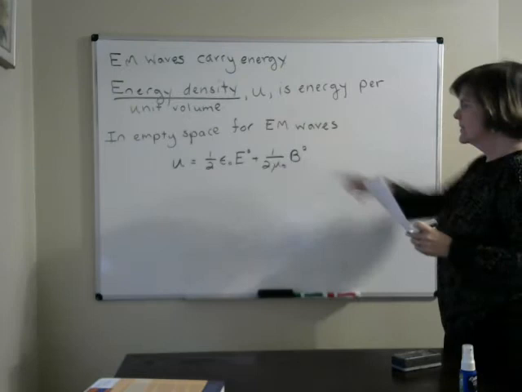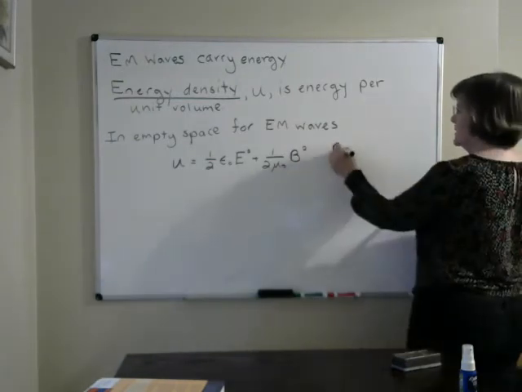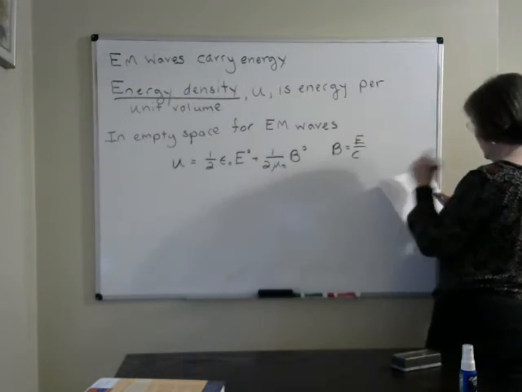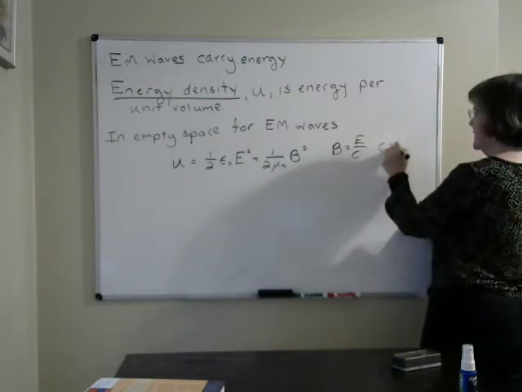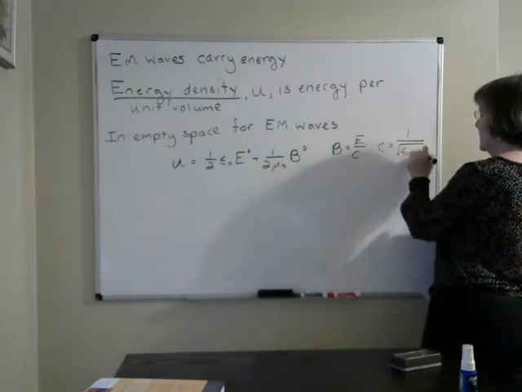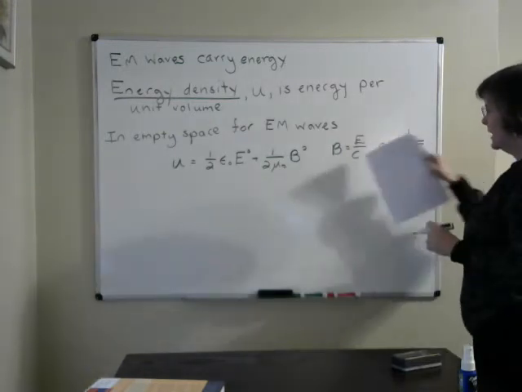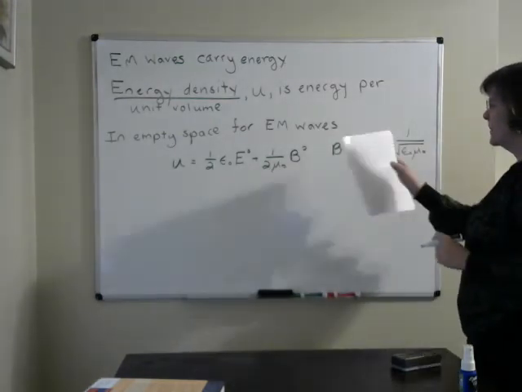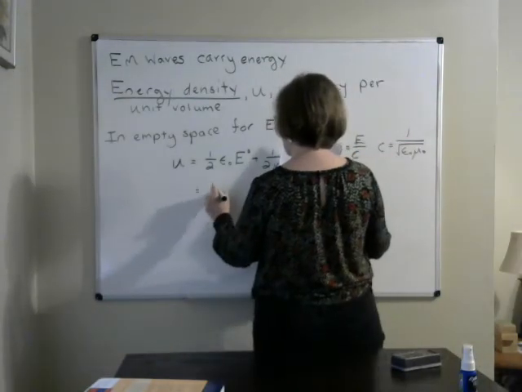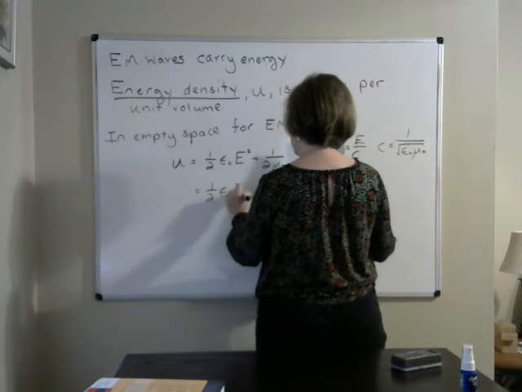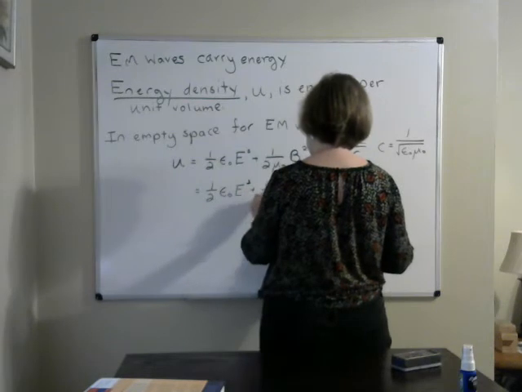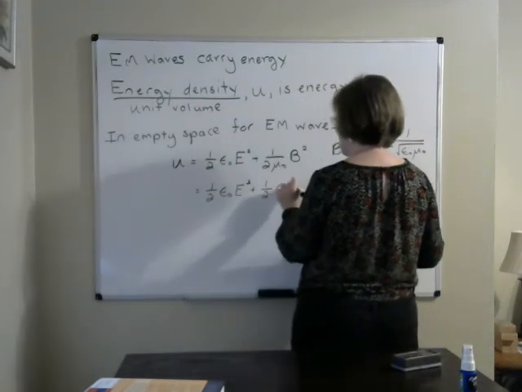If we do some substituting, we know that B is equal to E over C. We also know that C is equal to 1 over the square root of epsilon naught mu naught. I'm not going to show you all of that, but if you take advantage of these two pieces of information, you can replace B, and this will actually come out to be 1/2 epsilon naught E squared plus 1/2 epsilon naught E squared.